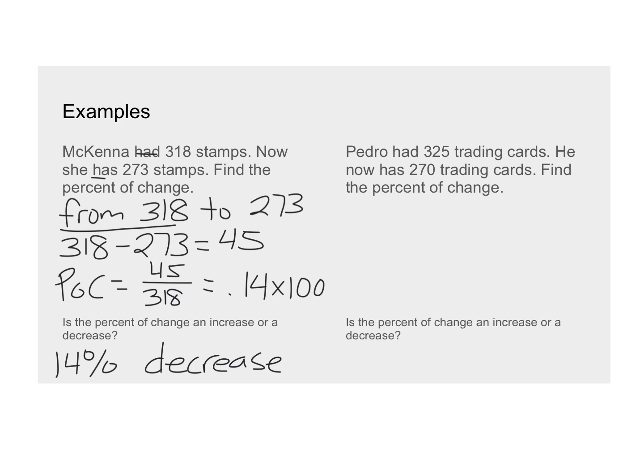Last one. Pedro had 325 trading cards. He now has 270. We want to find the percent of change. What do we do? 325 to 270. Yep, 325. We're finding the difference. What do you get when you subtract those? 55. That's our change. So now we want to find the percent of change. 55 was the amount over, what do we put on the bottom?